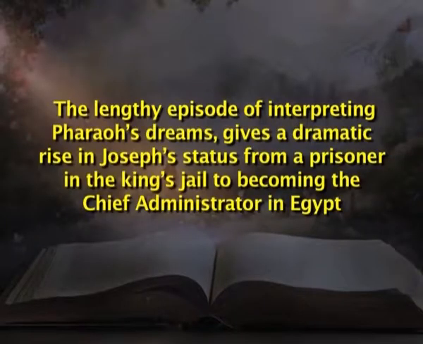The lengthy episode of interpreting Pharaoh's dreams gives a dramatic rise in Joseph's status from a prisoner in the king's jail to becoming the chief administrator in Egypt. Joseph is made the vizier to govern all people in Egypt, second only to Pharaoh himself.